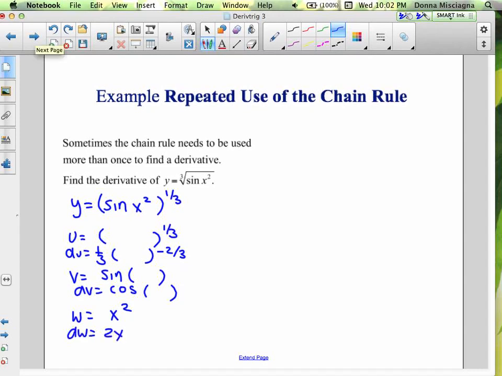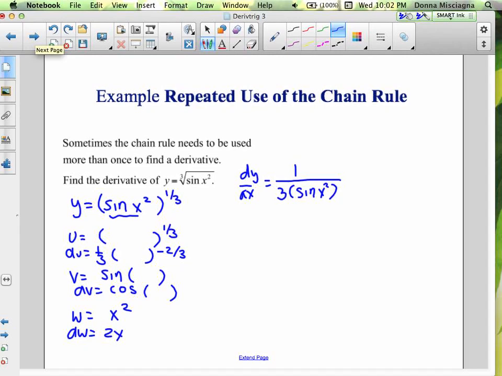All right, so let's take the derivative here. dy dx equals the derivative of the outside, and we may as well move that to the denominator. So it's going to be 1 divided by 3 times, and inside the blop is the sine x squared. The square, by the way, is on the x, not on sine.